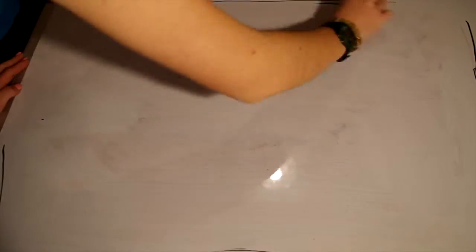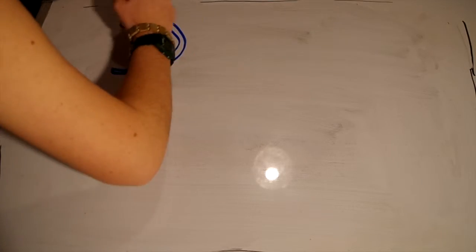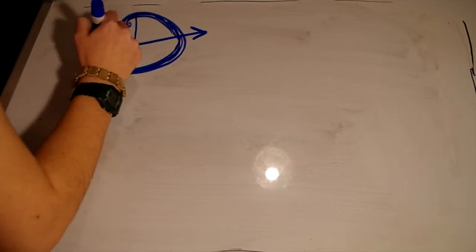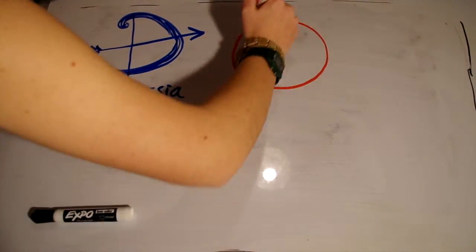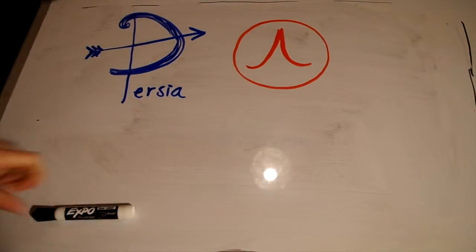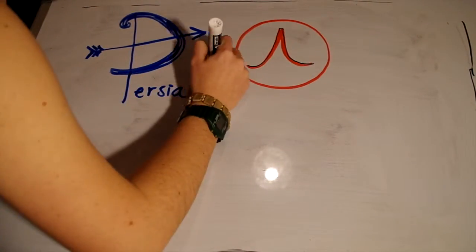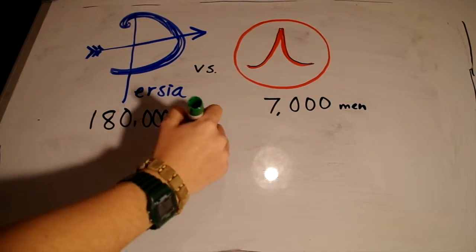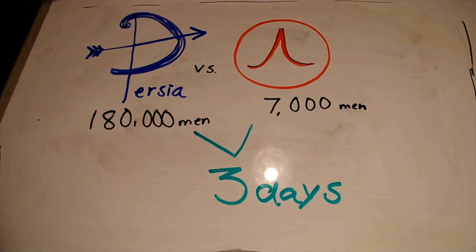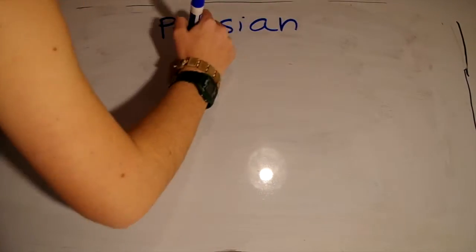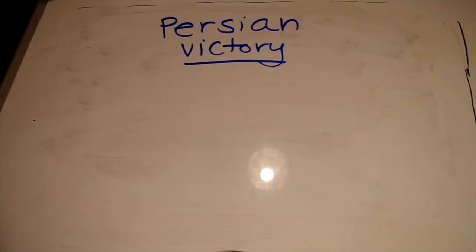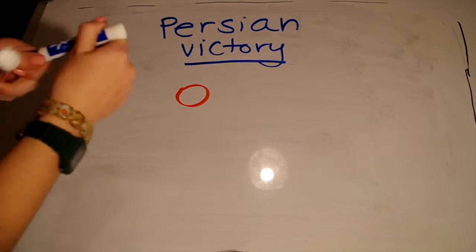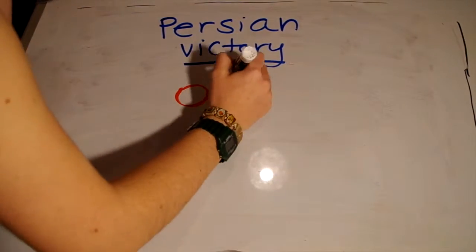The Persians were held off for 3 days until a trader named Ephialtes showed the Persians a mountain path that led to behind the Greek lines. The Battle of Thermopylae ended with every last Spartan fighting until they were killed.